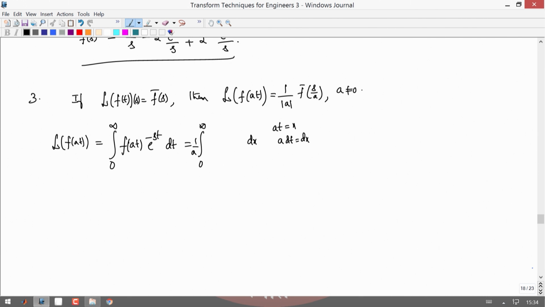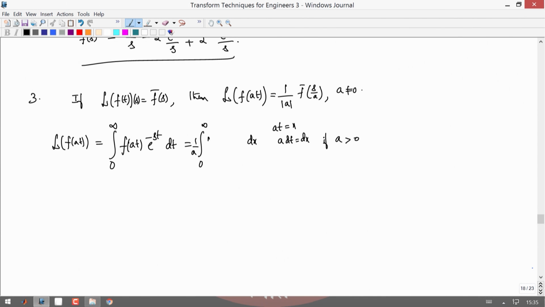If a is negative, this becomes minus infinity, for example a equal to minus 1. So, let us first do the positive case. If a is positive, this is the case.